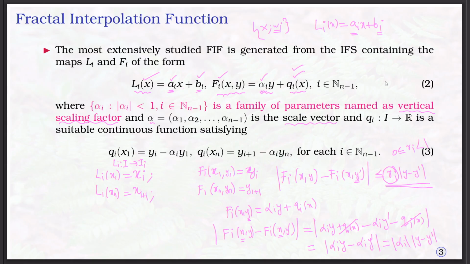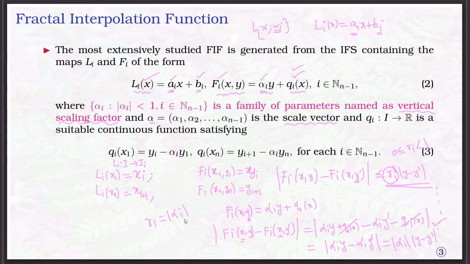Now, for this form in equation 2, we have taken Fi to be this form. Therefore, we are getting the difference between 2 points when acting on the Fi, and if you compare these two things, then one can get alpha i equal to the modulus of ri.